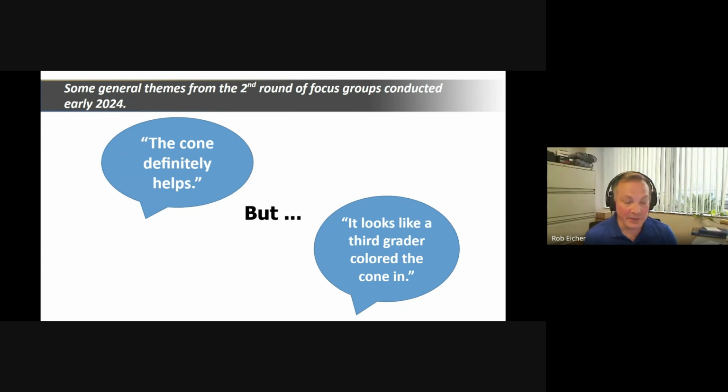But overwhelmingly, the focus group participants said the cone is definitely needed, that they need that track information along with the intensity information to give it some context. But they didn't like how we drew the cone. There were even some comments along the lines of Sharpie date. You can see there someone said it looks like a third grader drew it. Next slide.